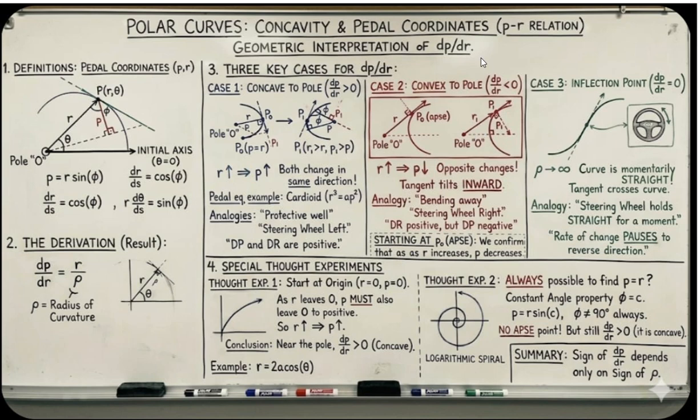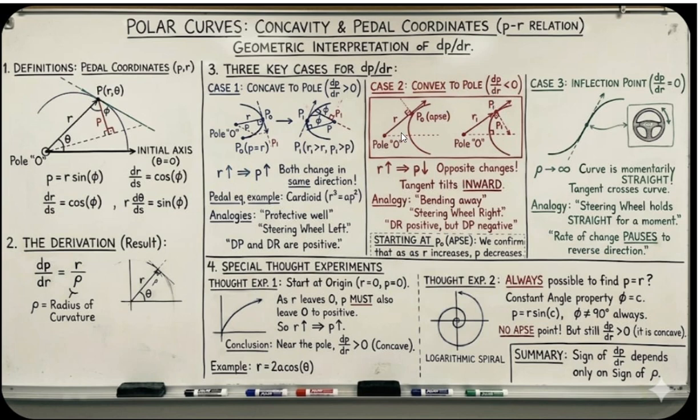Therefore we get a different ratio, that is dp by dr is less than 0. So we come to the conclusion that whenever the polar curve is concave to the pole, very important, dp by dr is greater than 0.